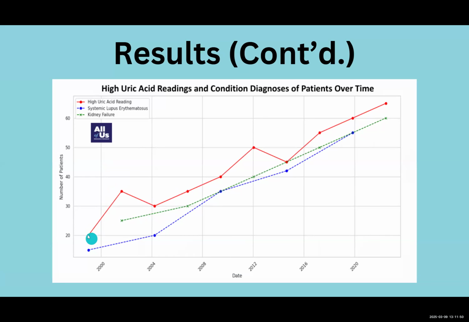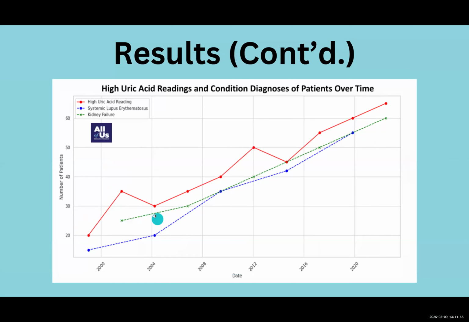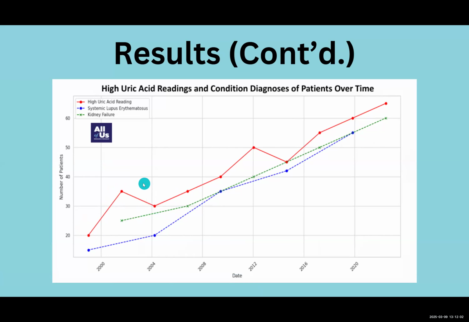It's also important to note that it starts before the diagnoses of kidney failure. So this helps strengthen the idea that high uric acid readings would be a great early marker for kidney failure diagnoses and could potentially serve well on the panel screening that systemic lupus patients go through pretty much monthly to yearly.